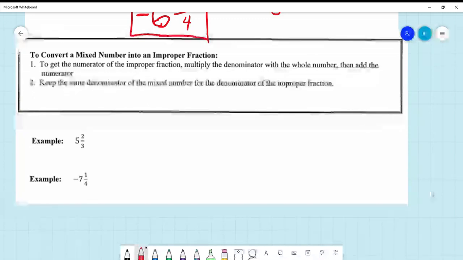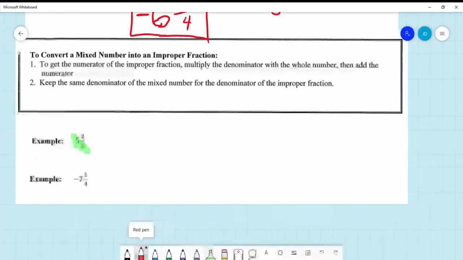To get our numerator, we multiply the denominator with the whole number. So let me see if I can use a highlighter here. We multiply these two, the whole number with the denominator, then we add that to what's left over here in the numerator, that becomes our total numerator.